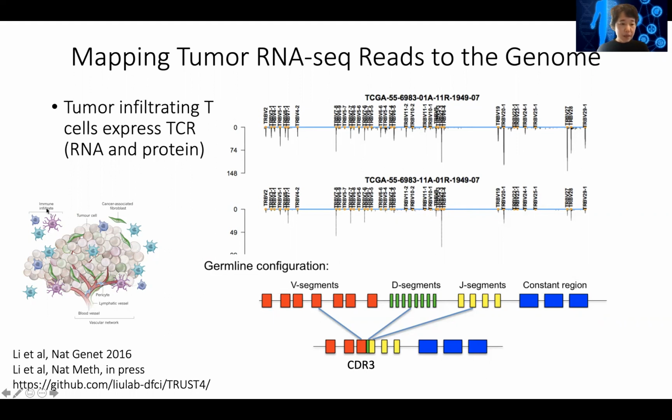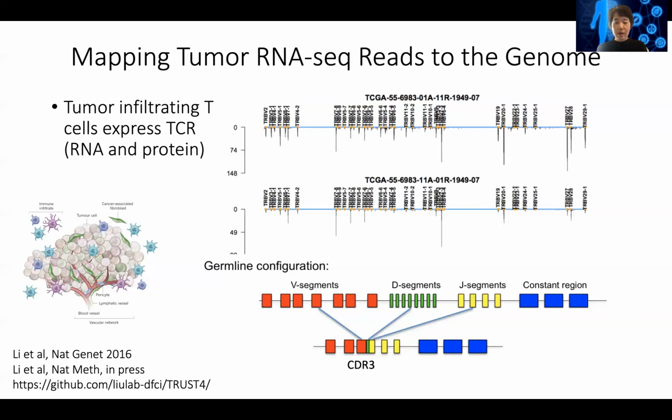So we mentioned that in the tumor profiles in the early days, pathologists want to get tumors that are really pure. But the reality is that in that tumor, there are always immune cells infiltrating, including T cells and B cells. And the infiltrating T cells express T cell receptor at the RNA and protein level.